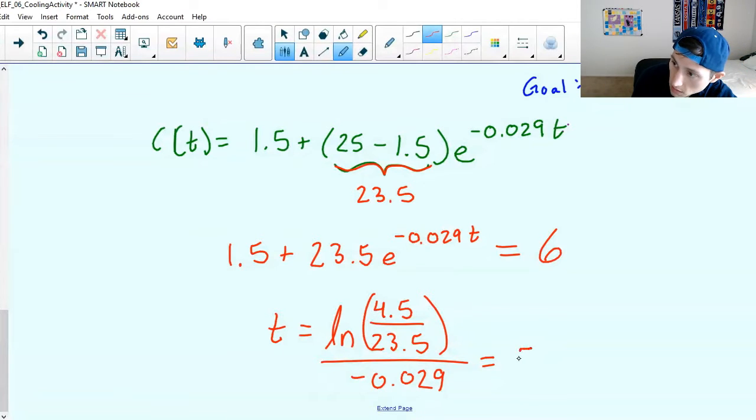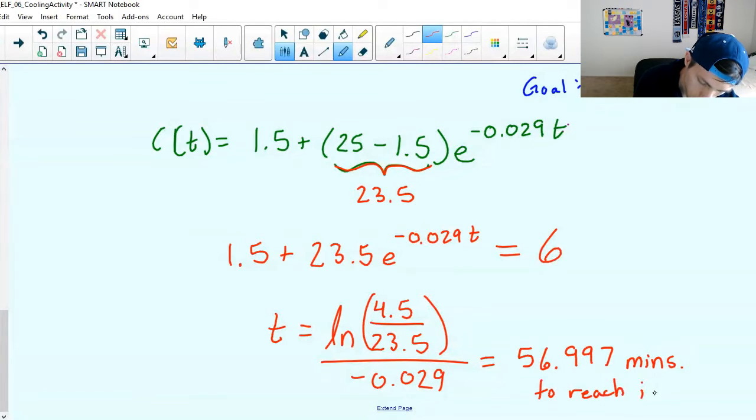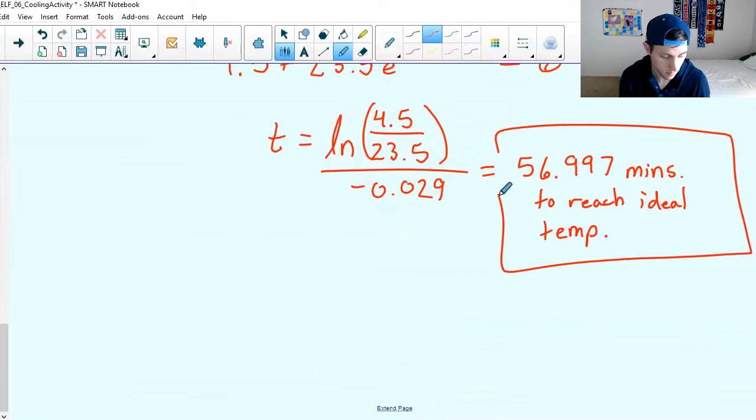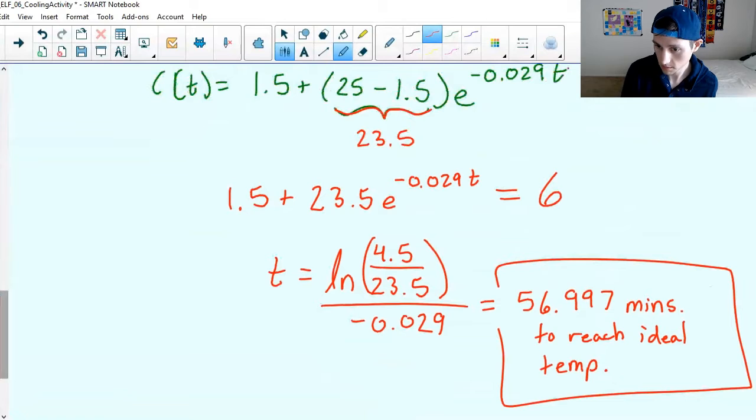So 56.997 minutes to reach the ideal temperature. Okay, so just using our law of cooling formula.